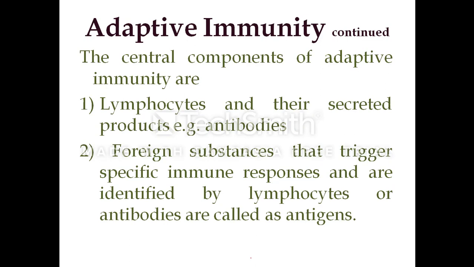The central components of adaptive immunity are lymphocytes and their secreted products, for example antibodies. Foreign substances that trigger specific immune responses and are identified by lymphocytes or antibodies are called antigens. You will be learning about these lymphocytes and antigens in detail in coming video lectures.